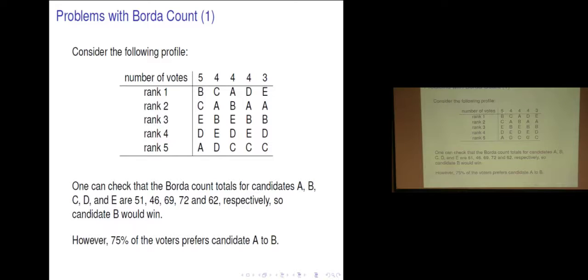Now there are 5 people prefer B to A, but 15 people prefer A to B. So actually 70% voter prefer A to B, and another 25% prefer B to A, right? So this Borda count somehow, in this particular example, didn't reflect this. Whether this is a good thing or bad thing, we can debate, but the fact is this. Okay.